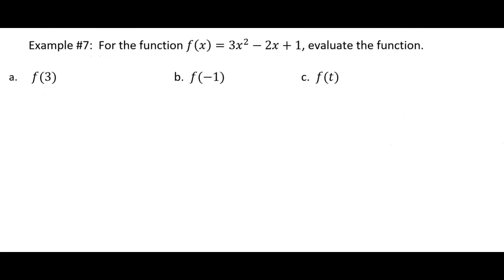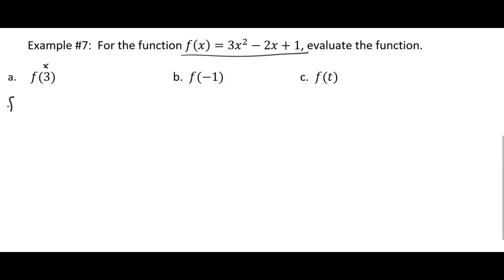So example 7. So we have a function. They give us a function right here. It says f of x equals 3x squared minus 2x plus 1. And now they want us to evaluate the function. So what they want us to do on part A is they say find f of 3. So in other words, that's going to be my x value right there. So f of 3 is going to equal.